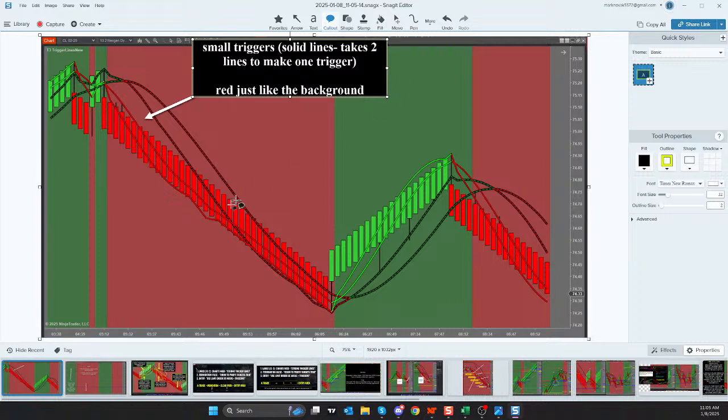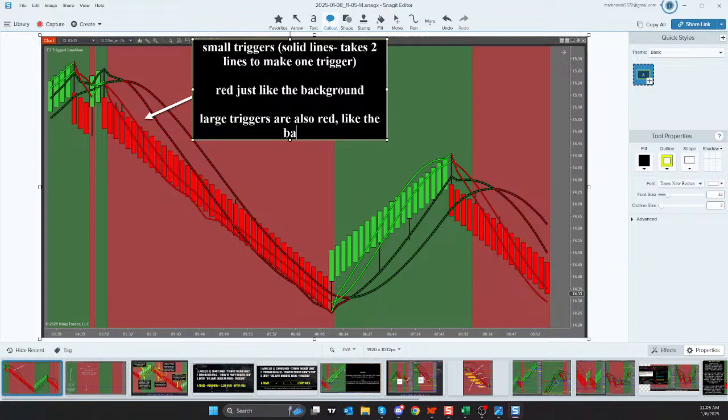This is important. My large triggers are also red, like the background, and they are wide. Space between the 2 lines.